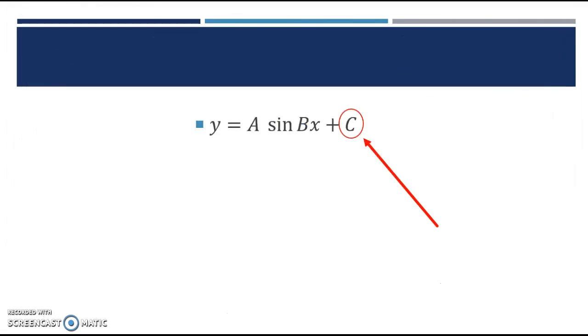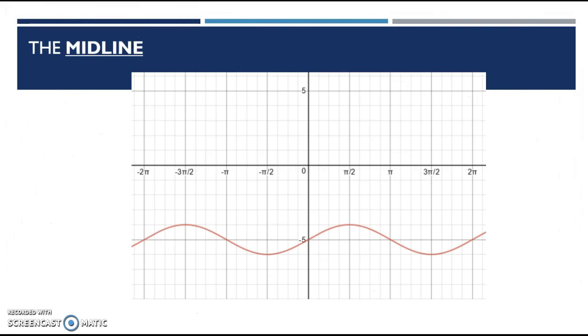Next, we're going to talk about that C value. And if you look back at your notes, try to figure out what happens with the C value. The C value changes our midline. So the graph that I'm showing you up here has no changes except that last number, that C value, moved the graph down to -5. So our amplitude comes from the midline.